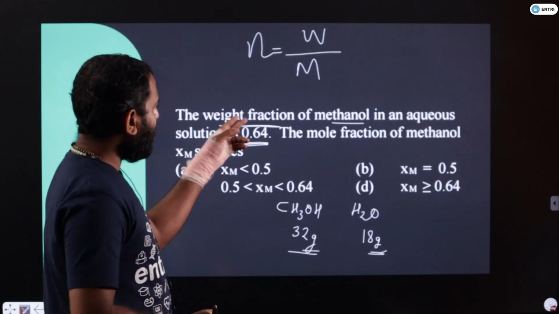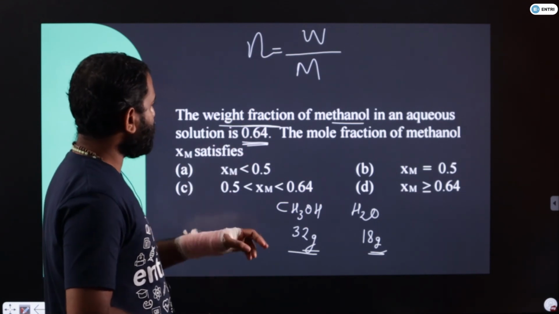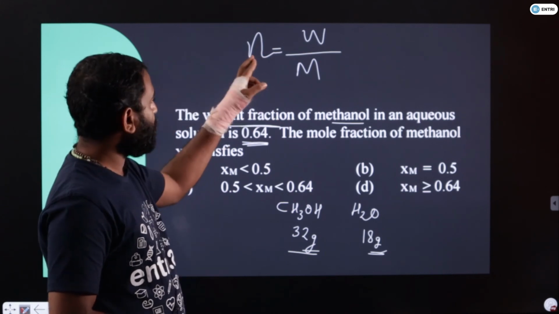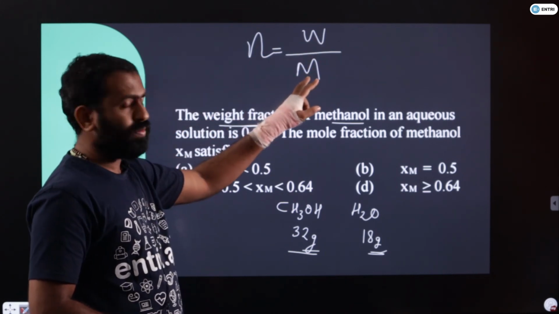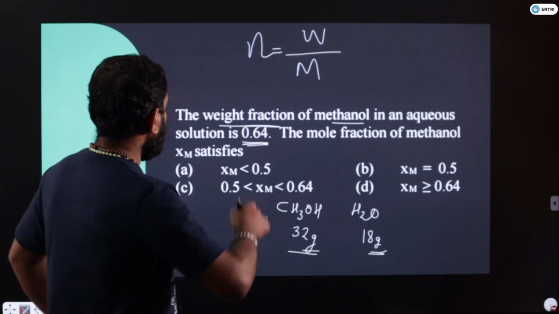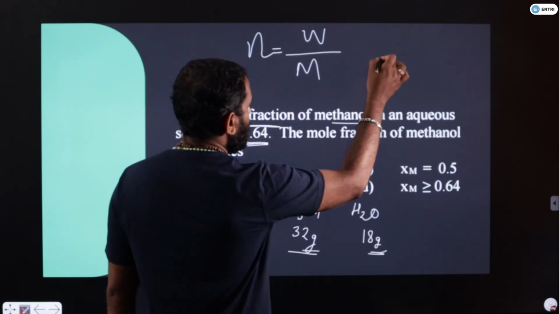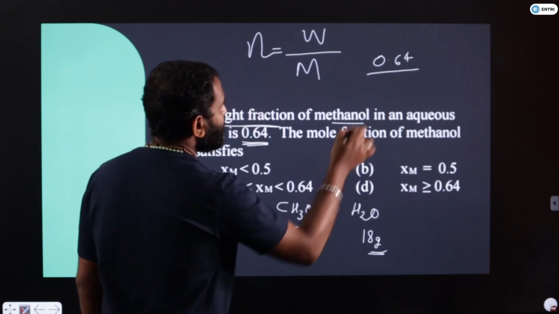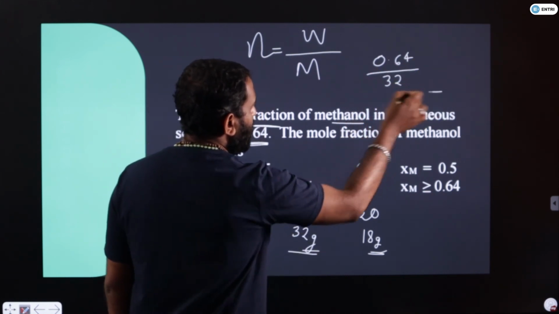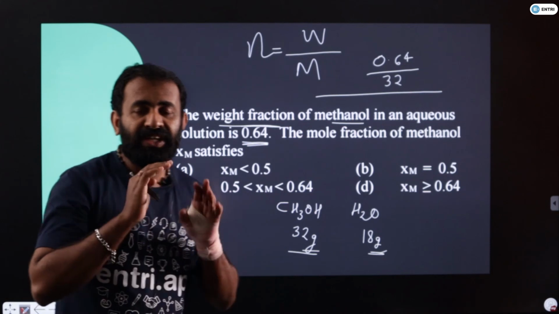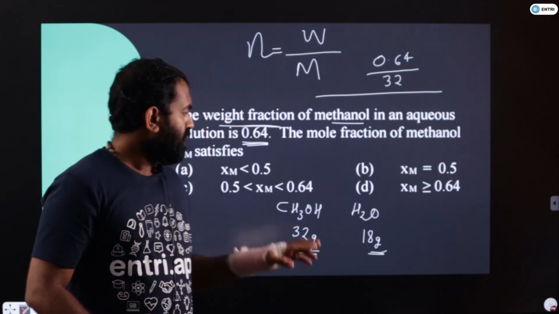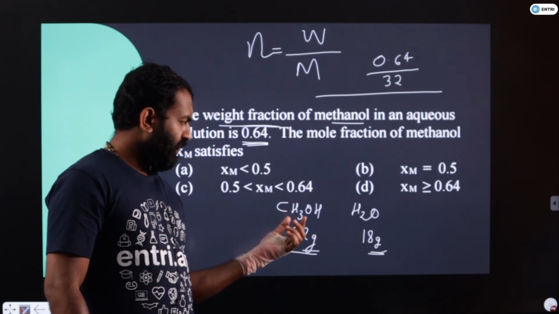So, here weight fraction is given as 0.64, so convert into number of moles. Number of moles is weight divided by molecular mass. Similarly, number of moles of methanol is 0.64 divided by 32. Mole fraction means individual number of moles divided by total number of moles.